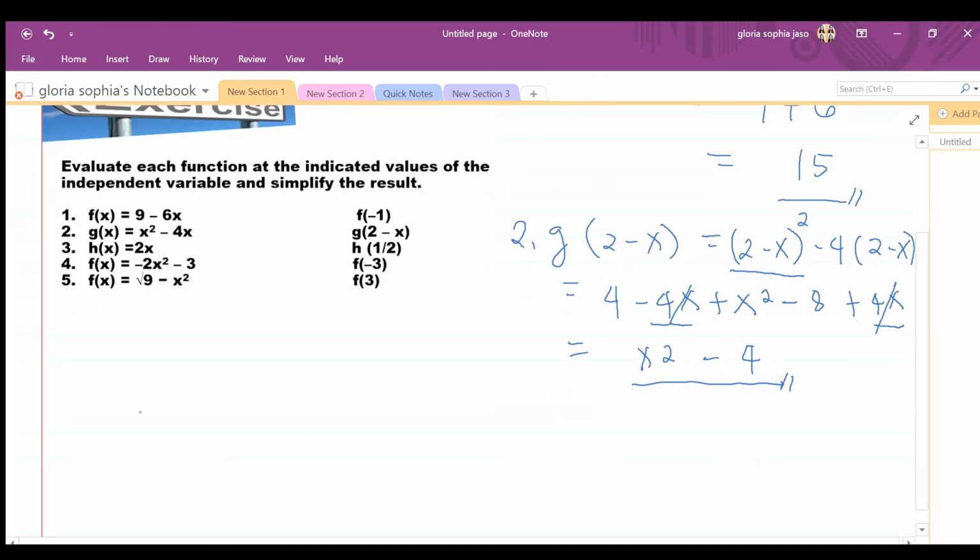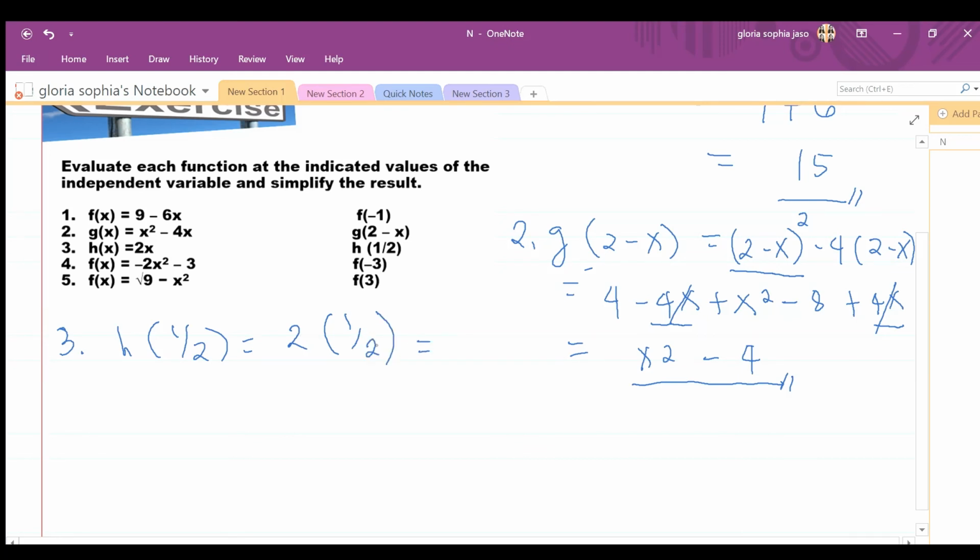Next, for number 3, so ang function natin is h of x equals 2x. So we are evaluating h of 1/2. So h of 1/2 is equal to 2 times yung x, gagawin nating 1/2.